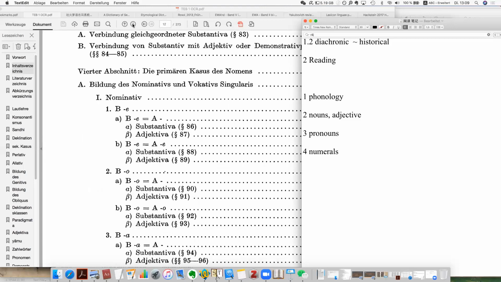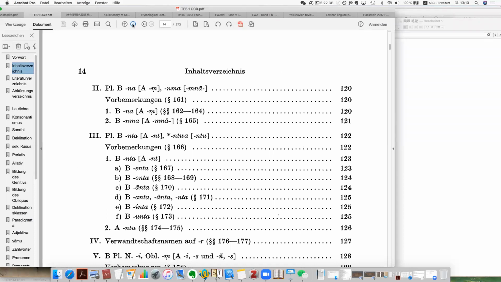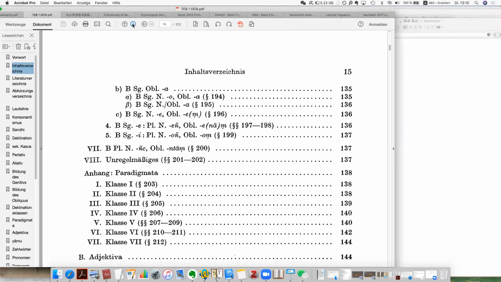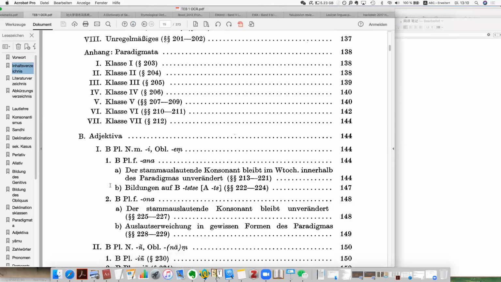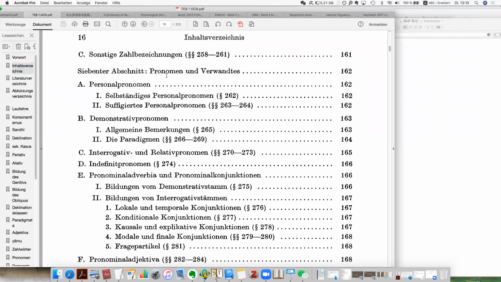It looks a little bit complicated, but I will tell you the structure of this grammar. This is the adjective, and this is the pronoun, Pronomen.